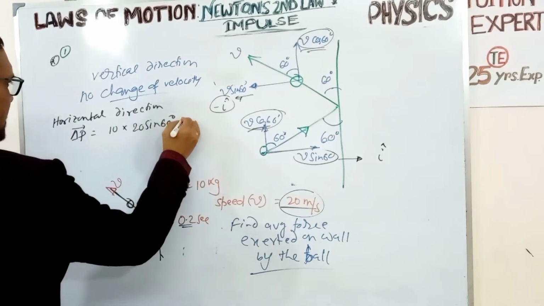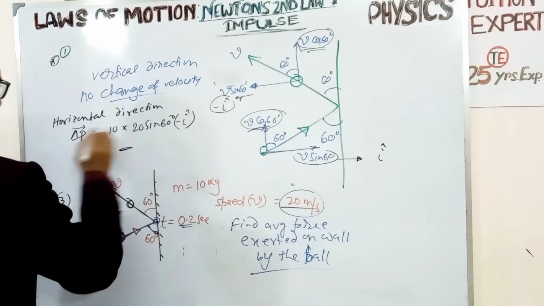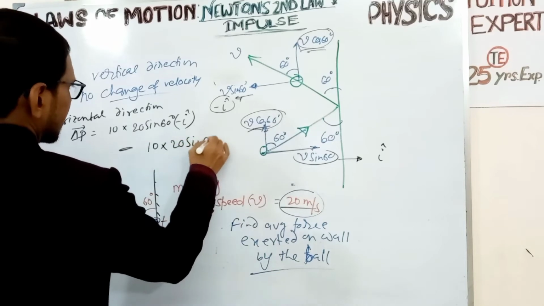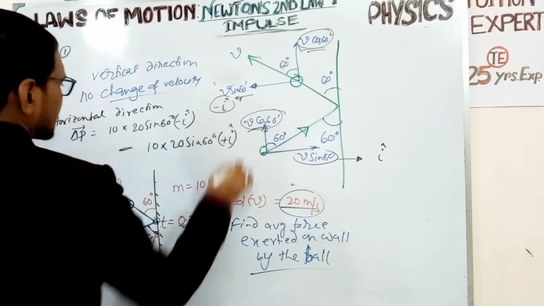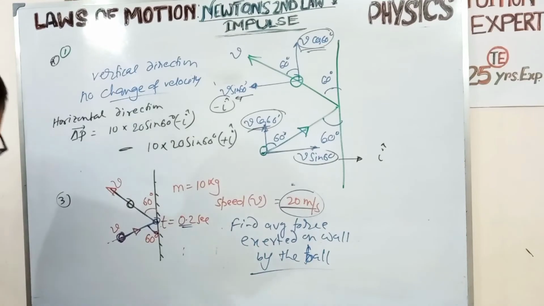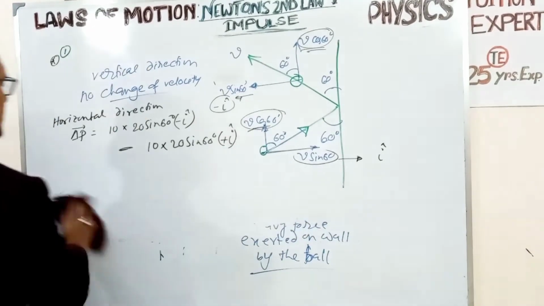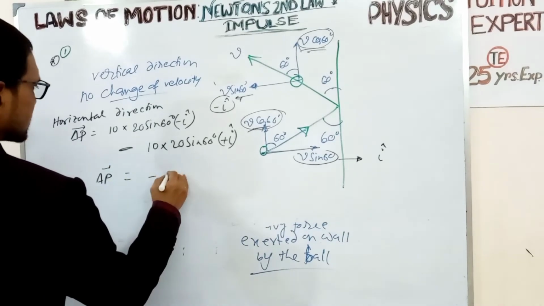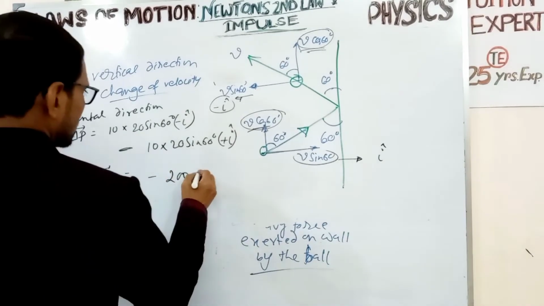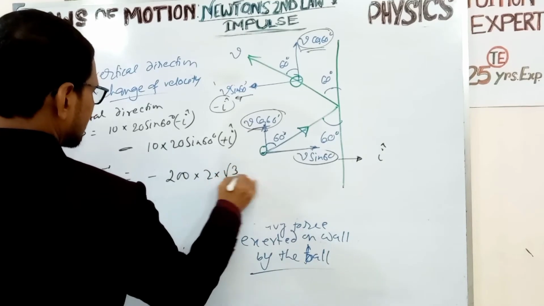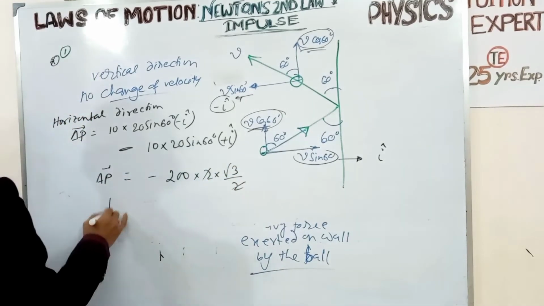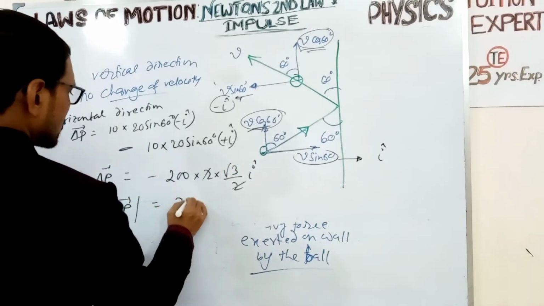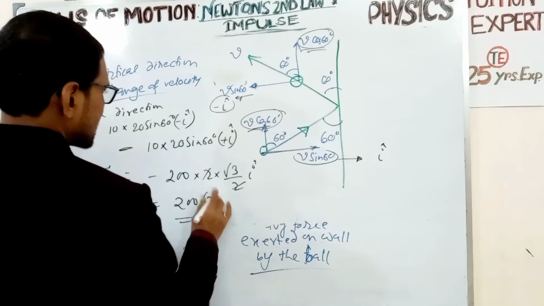This vector is minus i, minus the initial momentum, mass into plus i. So what's the result? Now this delta P equals minus 200 into 2 sin 60 degrees. The magnitude of this equals this. So this is the answer.